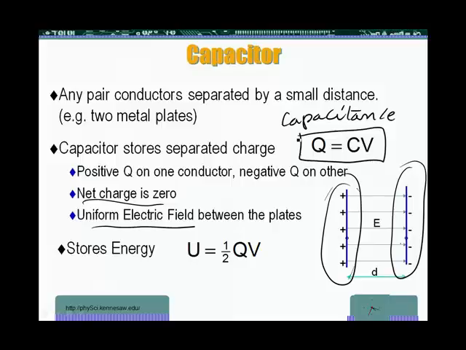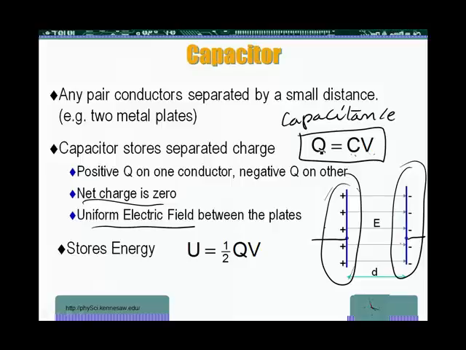So the amount of charge in a capacitor is given by the capacitance of the capacitor times the voltage across the capacitor, so the voltage difference between the plates of the capacitor. C times V is equal to the charge stored in either plate of the capacitor.